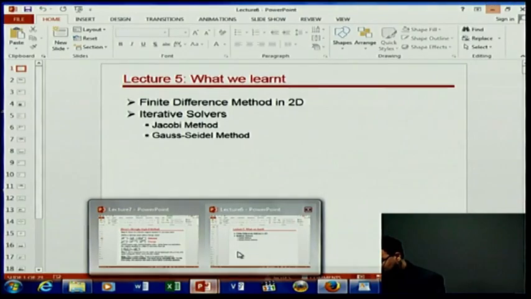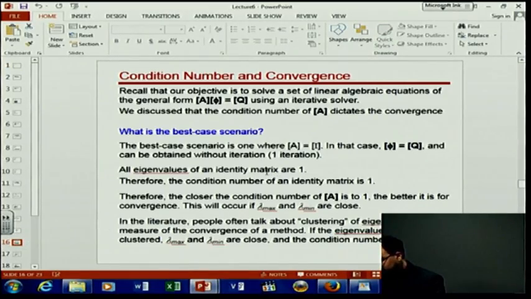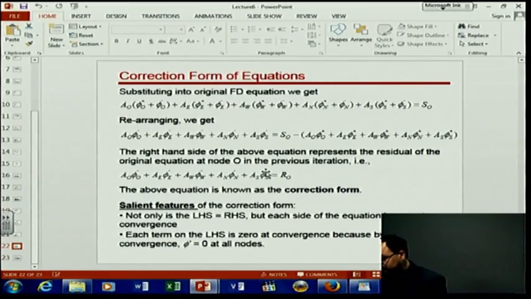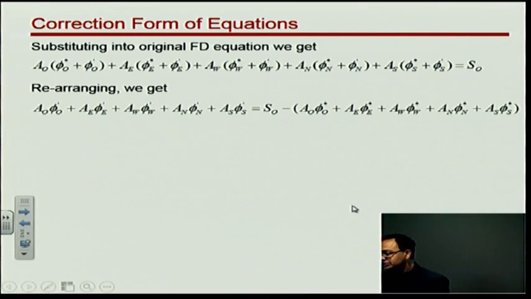If we go back to our previous lecture, here is what we did. We started with the original finite difference equation.